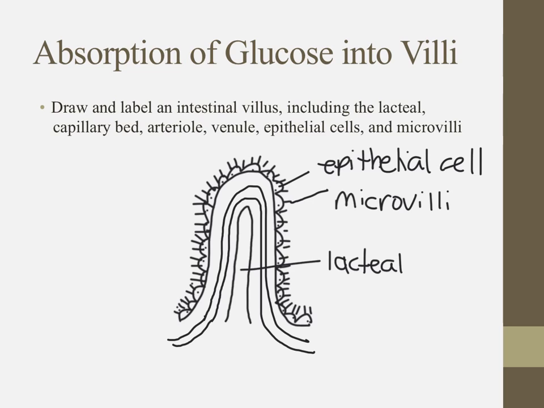And I'm going to cheat a little bit and color code this. I know you probably can't do that, but that's okay. When it comes in here, it's carrying oxygenated blood. Why is it doing that? Well, because all these cells need oxygenated blood. When it's leaving, it's going to be deoxygenated.